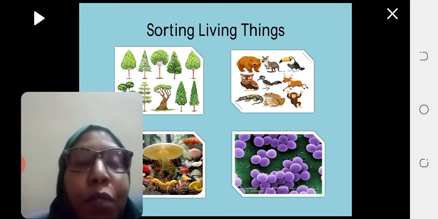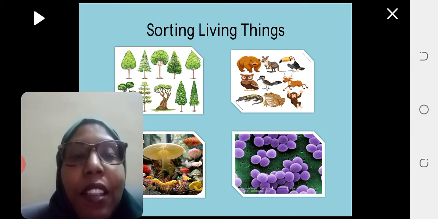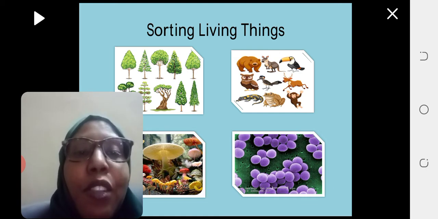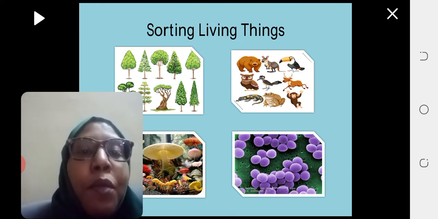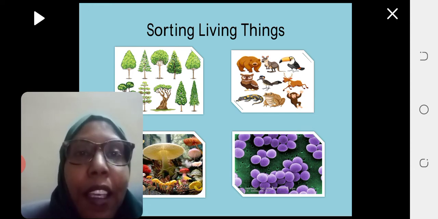As I mentioned before, things around us are divided into two main groups: living things and non-living things. Living things are divided into four main groups: group of animals, group of plants, group of bacteria, and group of fungi.